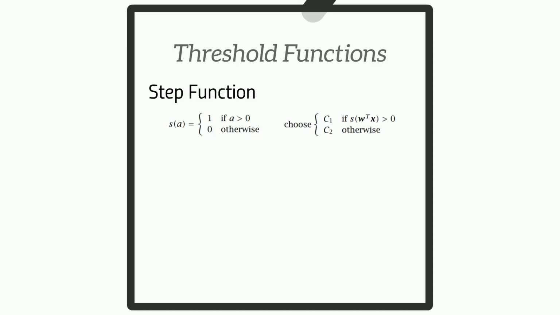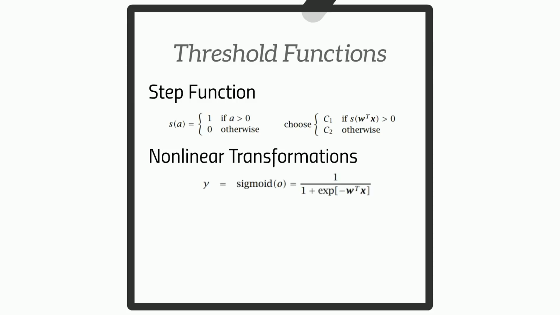However, that is not often used. More typically, we have nonlinear transformations. And to do that, we're going to use the sigmoid threshold function. There are other threshold functions, such as the hyperbolic tangent. However, they generally, in principle, work exactly like this. They would just be normalized to different values.